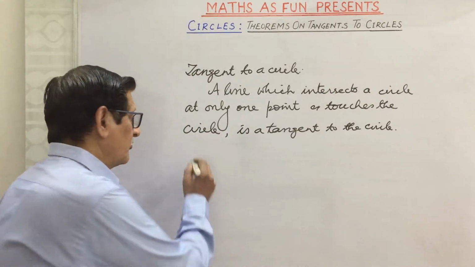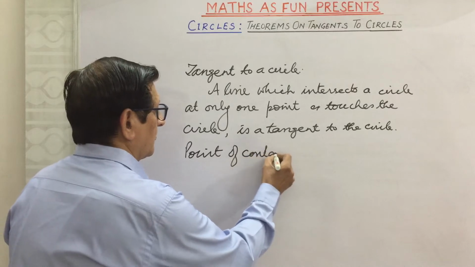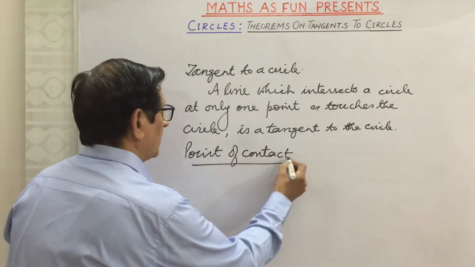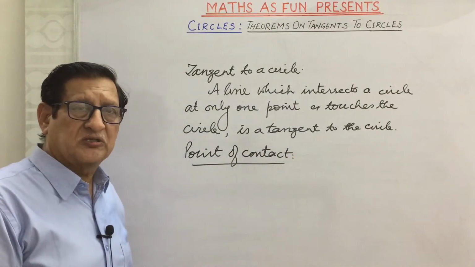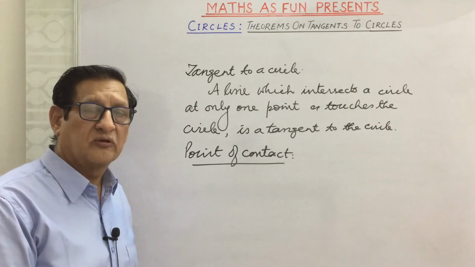What is the point of contact? The point at which the tangent touches or intersects the circle is called the point of contact.